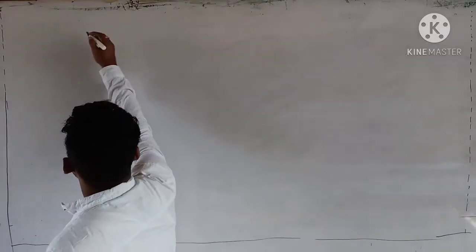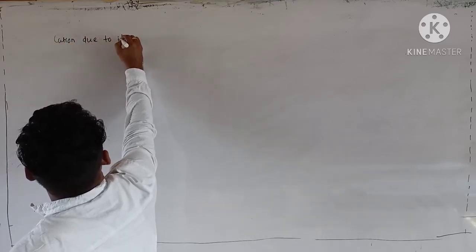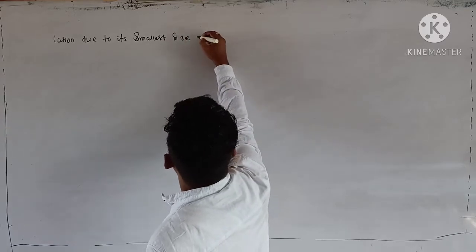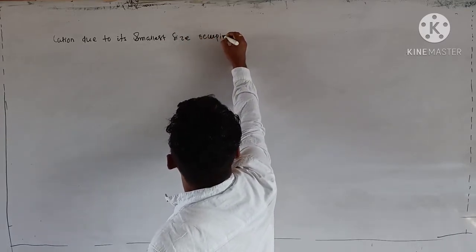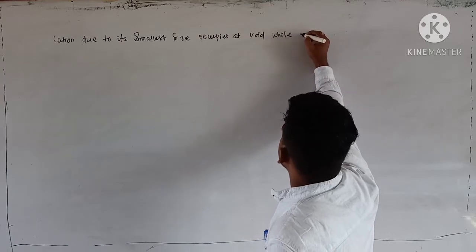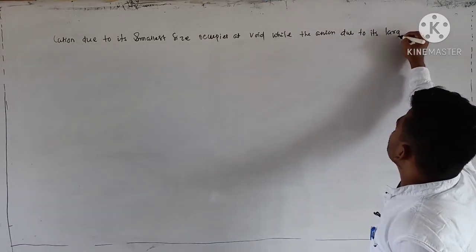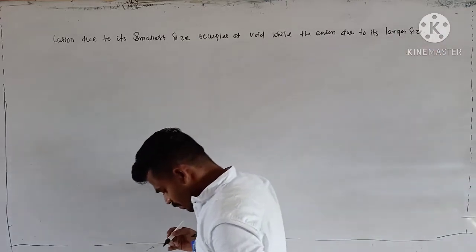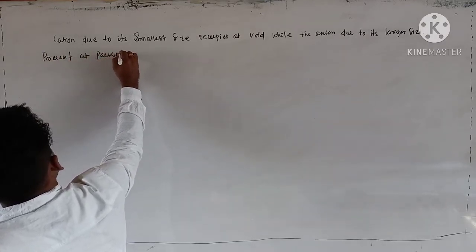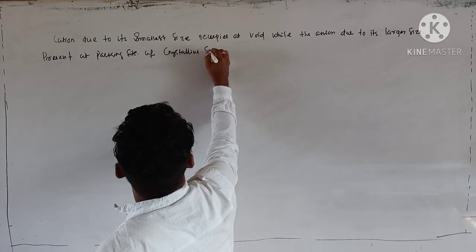Okay, so you can write over here: the cation, due to its smaller size, occupies the void, while the anion, due to its larger size, is present at the packing site of the crystalline solid.